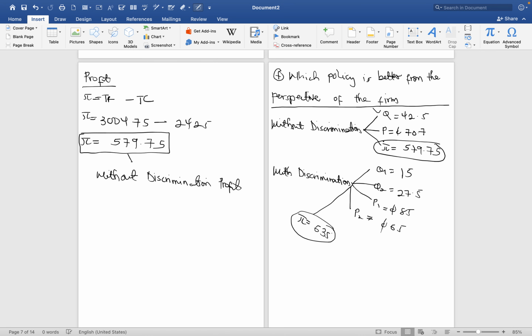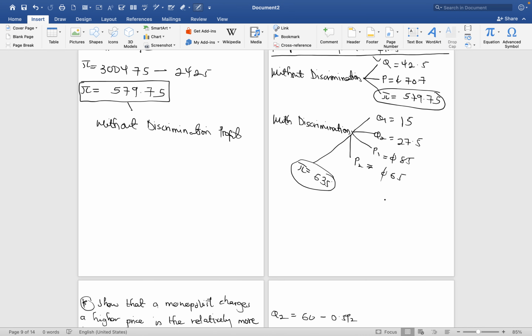So let me compare based on the output side. Q is 42.5. Q1 is what? 15. Q2 is 27.5. So this is Q1 plus Q2.